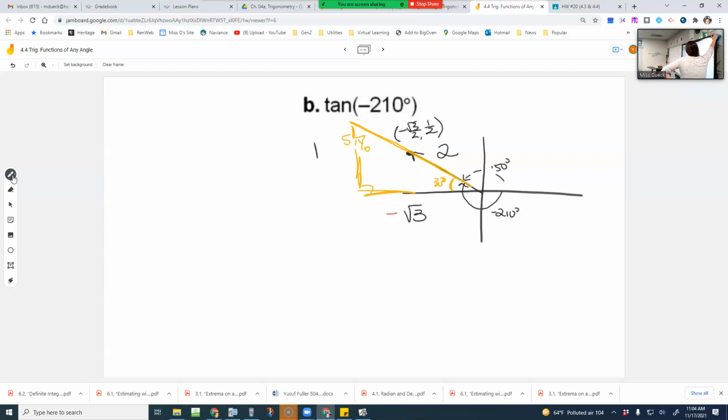Tangent of negative 210, the rise over the run, the slope of the curve. I haven't done that yet. So how would I do it? Ready? With the unit circle. Wouldn't we need y over x, guys? Yes. For the unit circle, I would take the y. I would take the x.